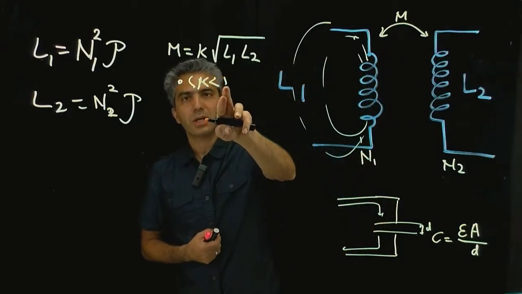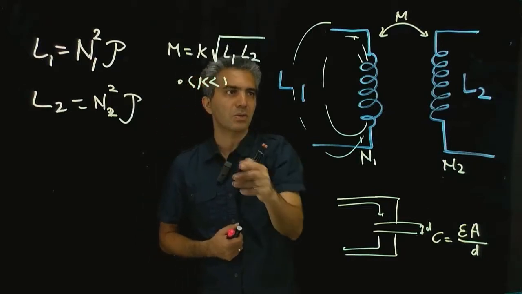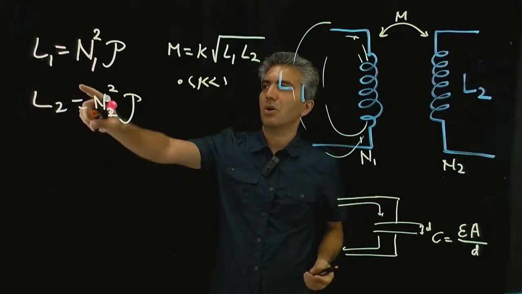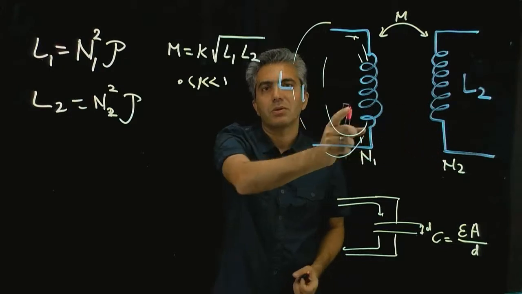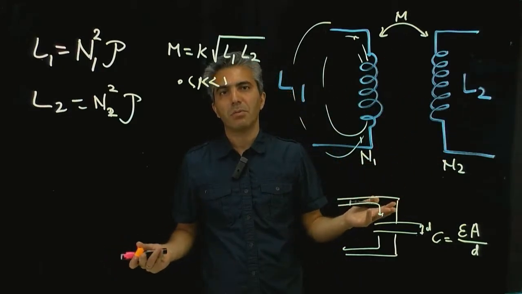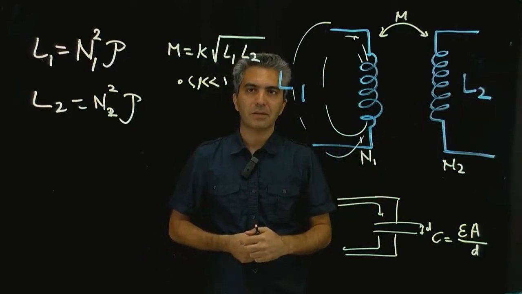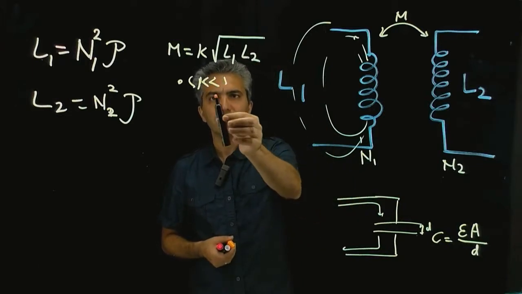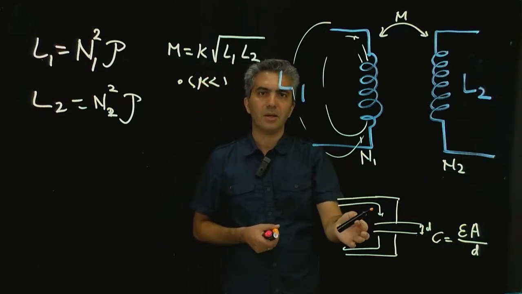So at the two extremes, when K is equal to 0 on one extreme, that means the mutual inductance is actually 0. At that point we don't have to consider the equation associated with mutual coupling, and each one of these inductors could be considered separately, and the effect of the other one could be completely neglected. The other extreme, when K is equal to 1, is exactly the opposite.